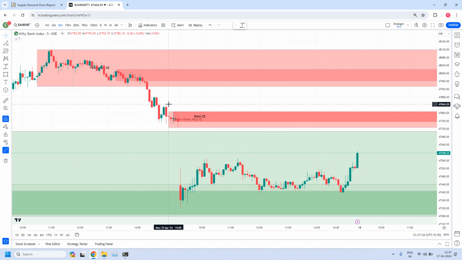The reason why I am explaining every day is to build the skill in you so that you will identify the exact order flows. See, this is the order flow, but inside we didn't have a proper 5 minutes order flow, a lot of consolidation. Such kind of zones will be violated easily.